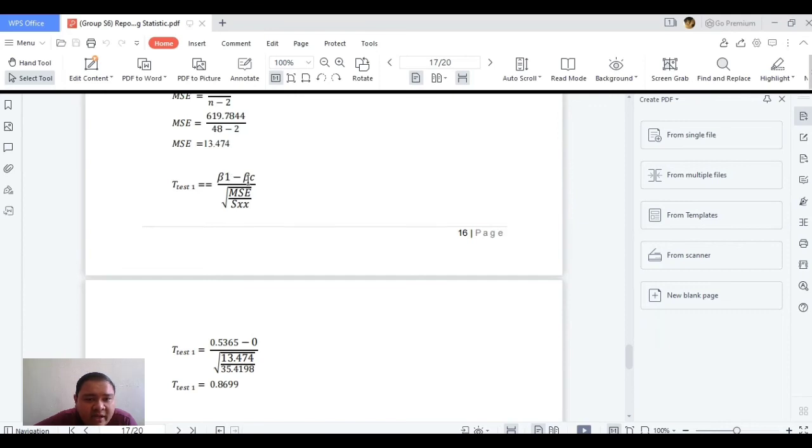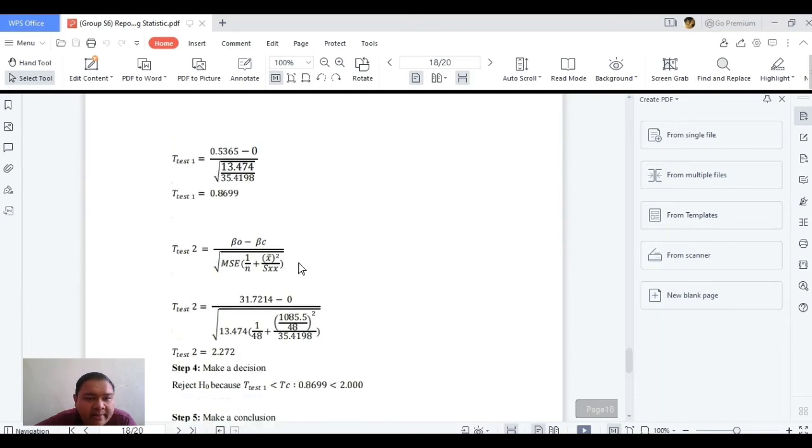For the t-test, for test 1, t equals beta 1 minus beta c over square root of MSE over Sxx. We will get 0.5365 minus 0 over square root of 13.474 over 35.4198. We will get 0.8699.